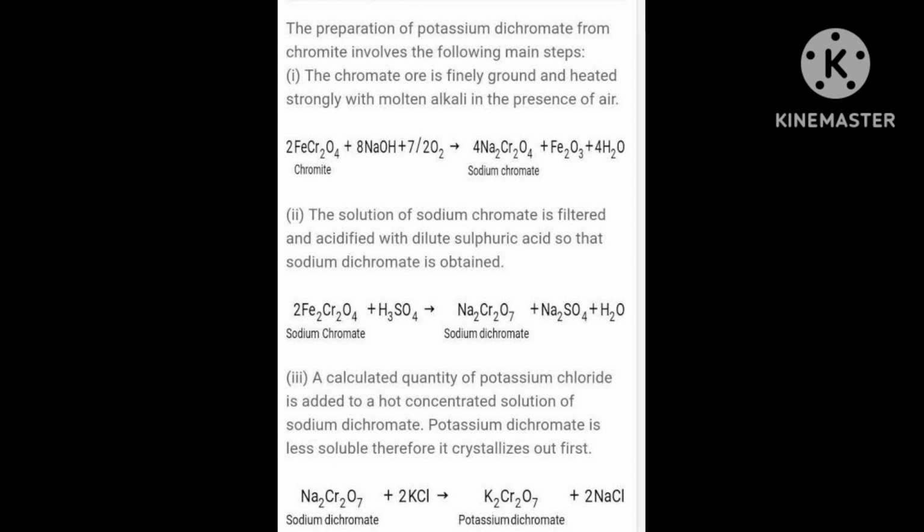Potassium permanganate is prepared by fusion of MnO2, manganese dioxide, with an alkali metal hydroxide and an oxidizing agent like potassium nitrate.